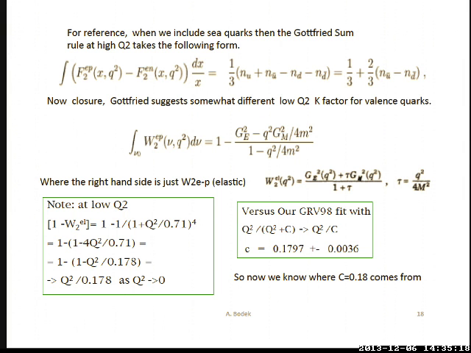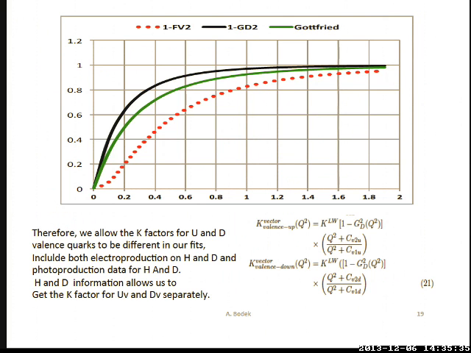And I just told you when you do a fit to electron scattering there, you get C is equal to 0.18. So there's a relationship between the vector mass and this parameter C through this Gottfried type sum rule. All right, so this is what the Adler sum rule will tell you should be the difference between U and D quark as a function of q squared.